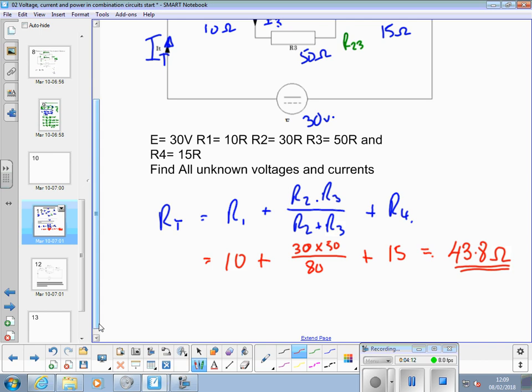We didn't ask for that, but it was the only thing we can calculate at the start of that question. Because we've got no current and no individual voltages, all we've got is the resistor values and the supply voltage. So the only thing we can find is total resistance, which allows us to find IT.